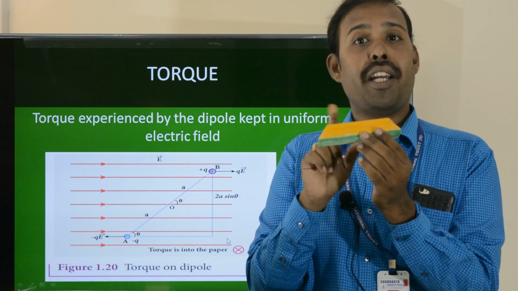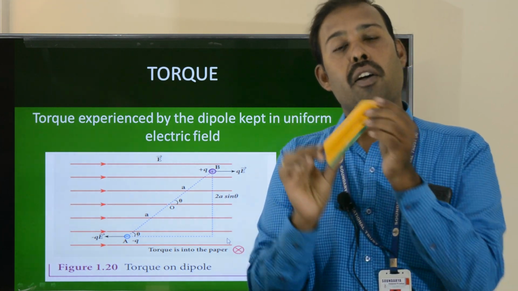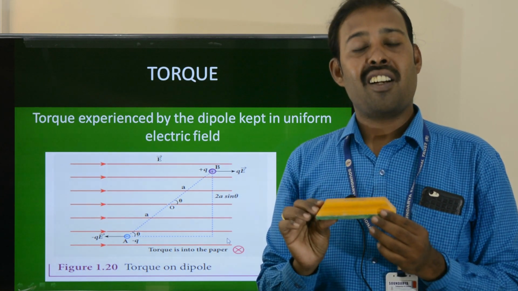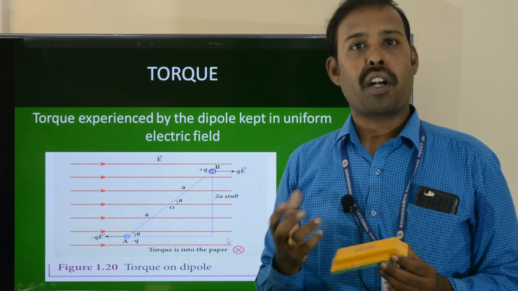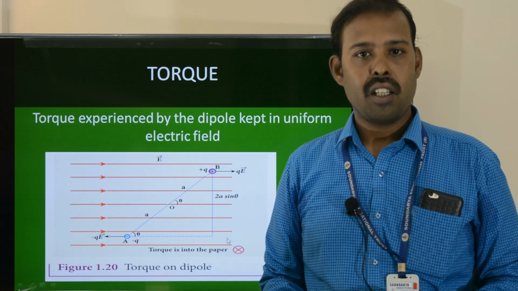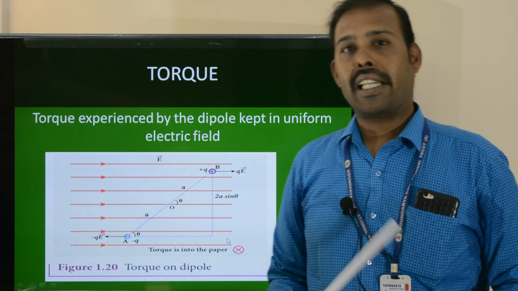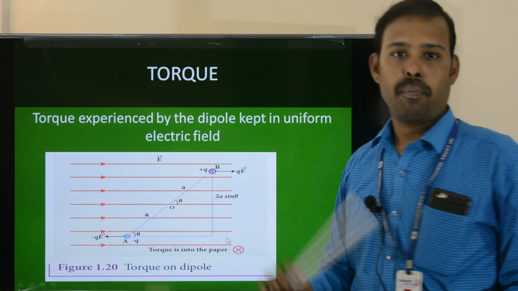The net force is 0, but this body will undergo a rotatory motion. So it experiences a moment of couple called torque, which you can see in a rotating fan or a pottery wheel, etc.